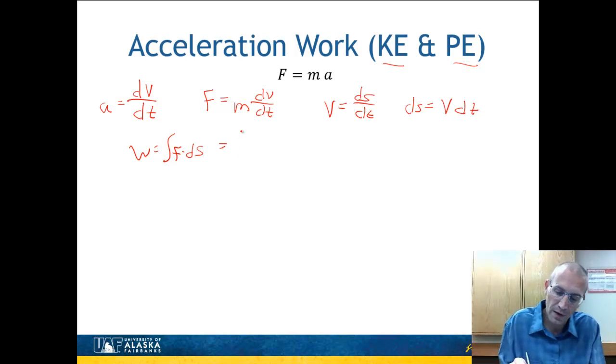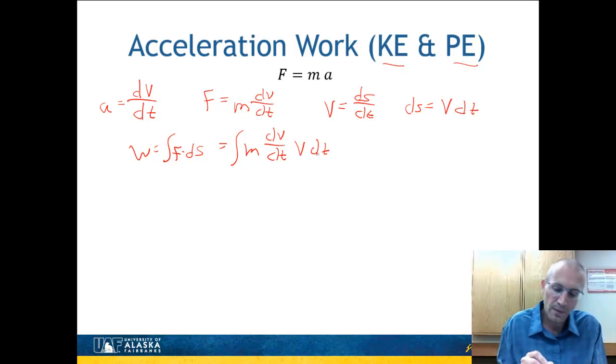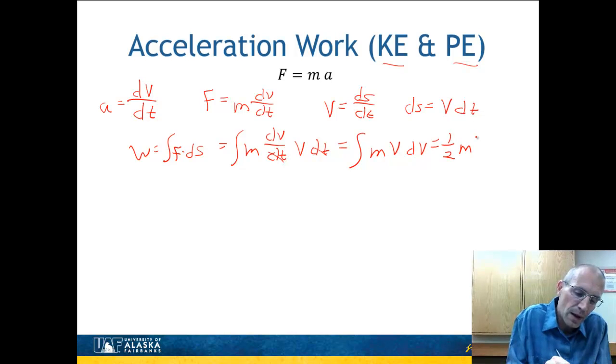So I'm going to put in my m dv dt, and then I've got my ds, which is v dt. And my dt's cancel, and I find out that this is the integral of m v dv, or 1/2 mv squared, which we recognize as kinetic energy.